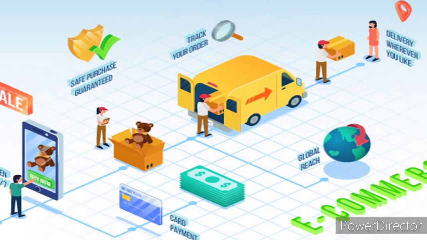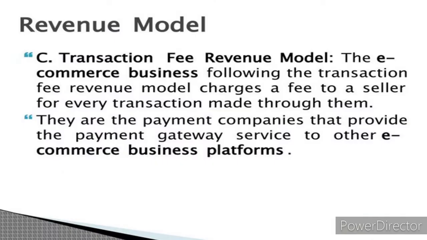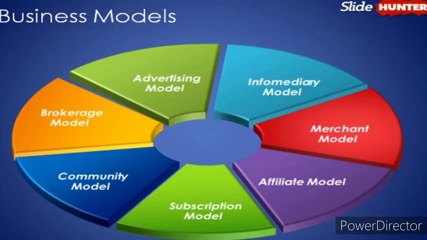Next one is the transaction fee model. The e-commerce business following the transaction fee revenue model charges a fee to a seller for every transaction made through them. They are the payment companies that provide the payment gateway service to the e-commerce business platforms. Generally, the profit is derived through enabling or executing transactions.